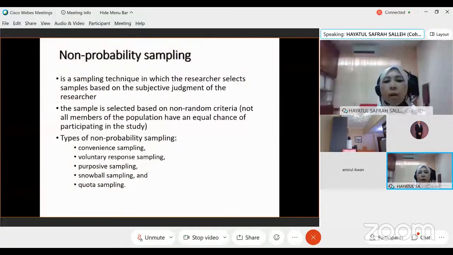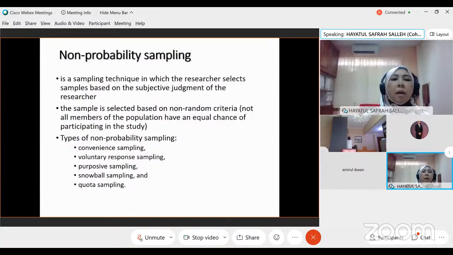For example, you cannot go to Kelang, Shah Alam, Putrajaya, or Melaka. Because of that, you have to use non-probability sampling. There are a lot of other reasons, so in your study you have to justify why you choose non-probability sampling.